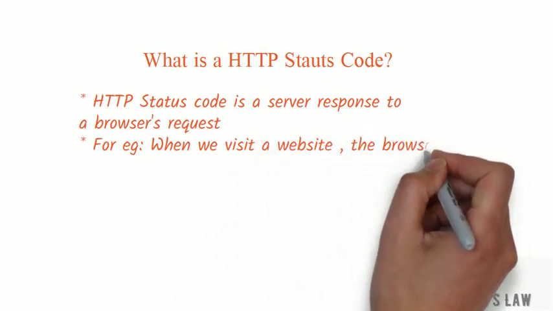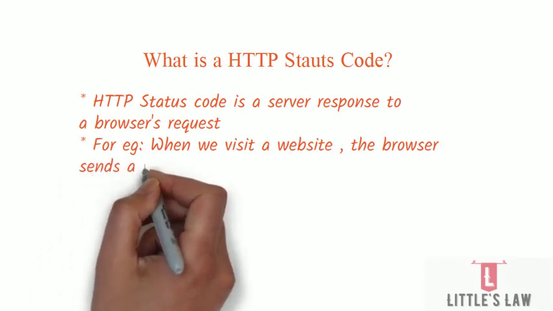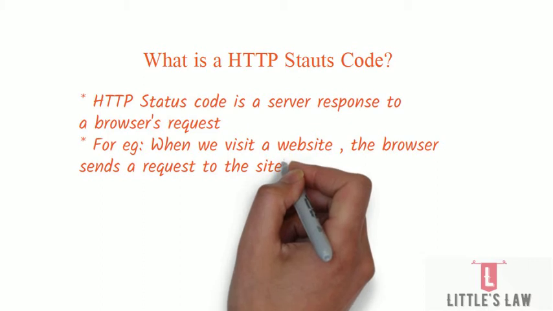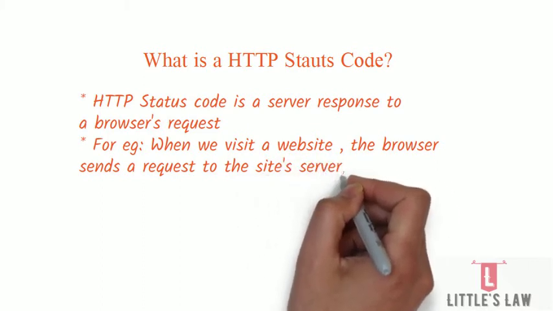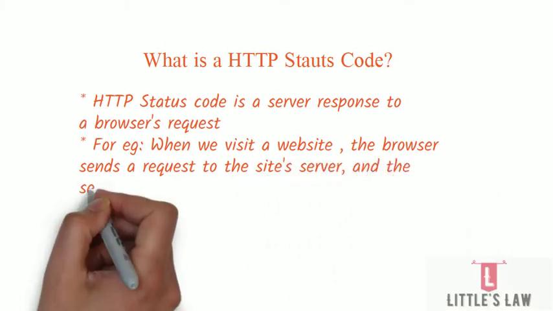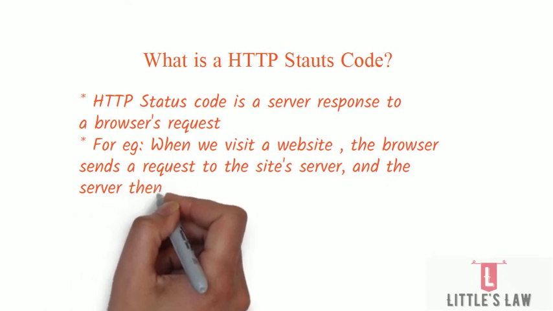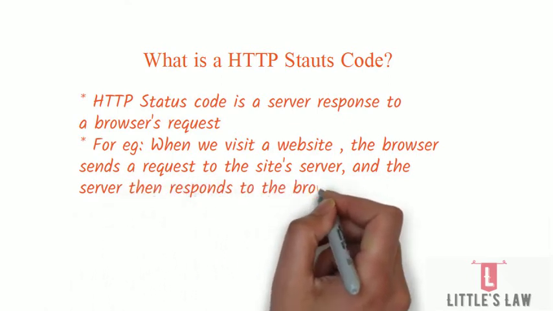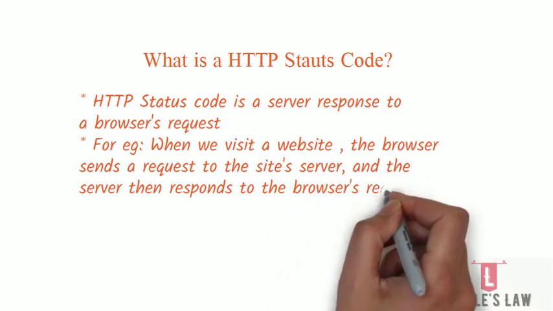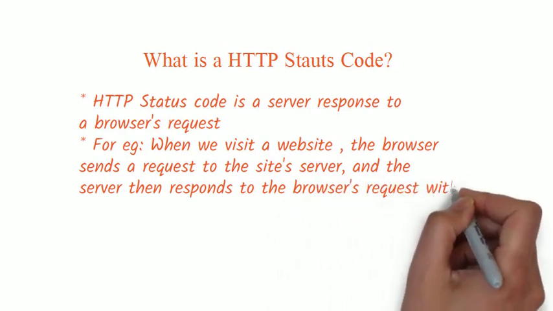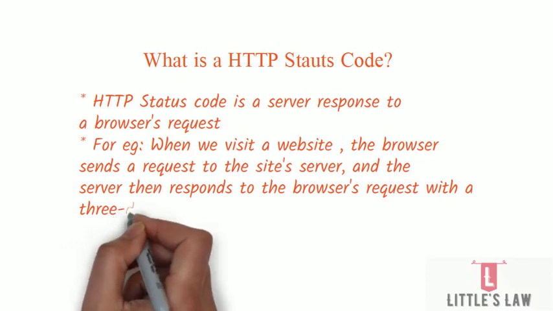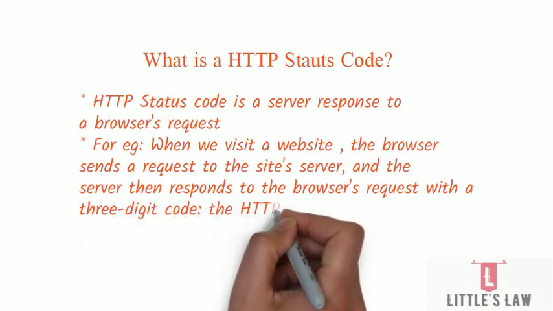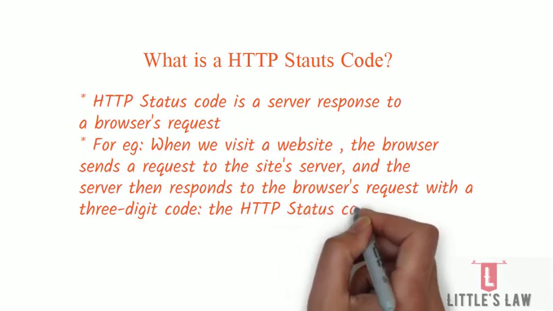This code comes to us in the response in various situations: while we search for information, create a record, delete a record, or update a record. So it's very important to know what these HTTP status codes are and how to fix them in case we face any unexpected scenarios.